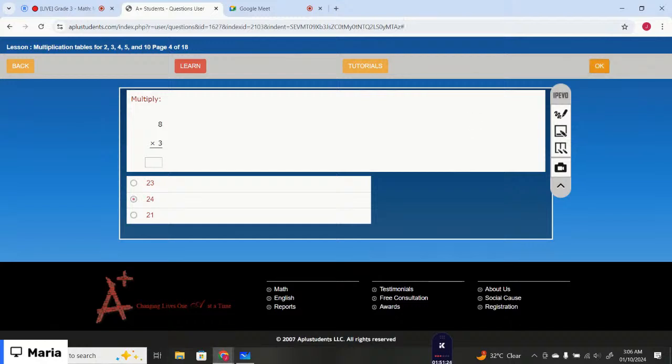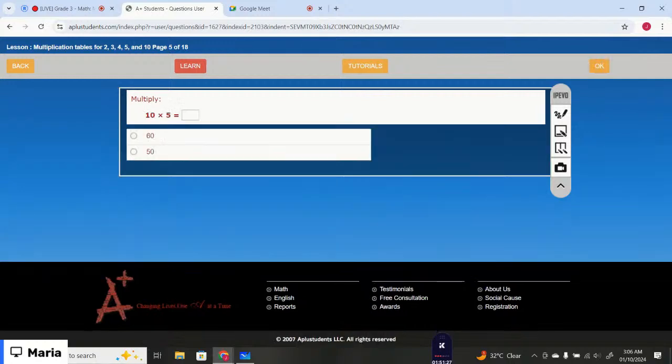Right, option number 2 is the correct option. 8 times 3 is 24. 10 times 5, which is the correct option? 10 times 5 is 50.